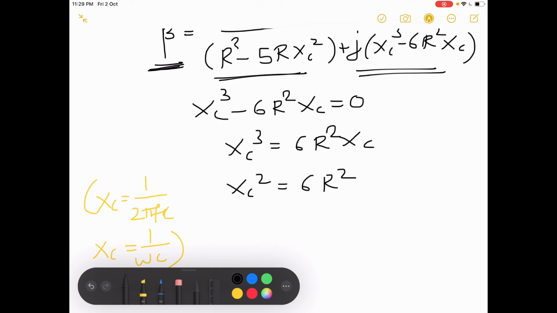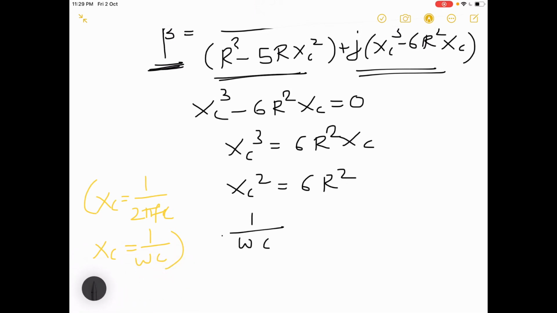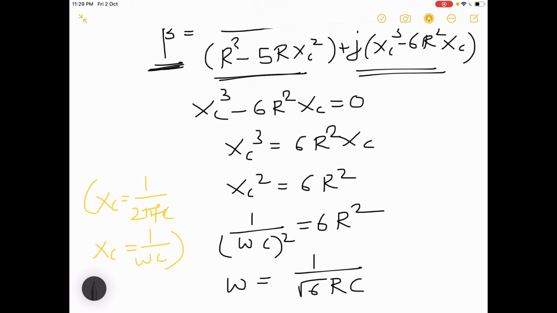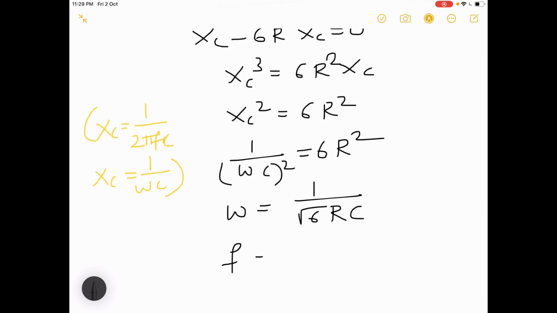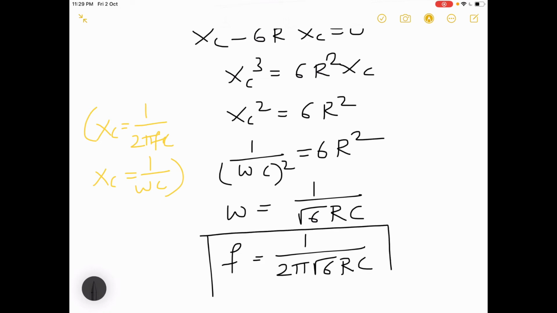So you will get (1 upon omega C) square is equal to 6R square. So omega is equal to, finally you will get 1 upon root 6 RC. Omega is nothing but 2 pi f, so f equals 1 upon 2 pi root 6 RC. So this is the frequency at which you will get sustained oscillations.